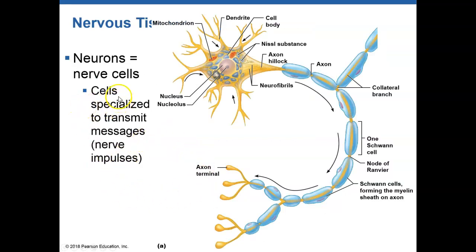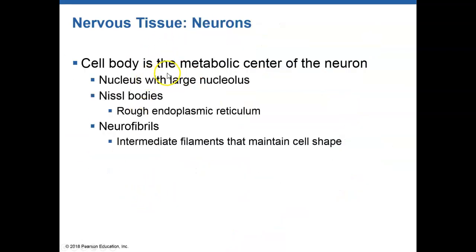The neurons are the actual cells that send signals to the body and allow different messages or different responses to occur. A neuron itself has a cell body that contains a nucleus. The nucleus has large nucleoli in it.